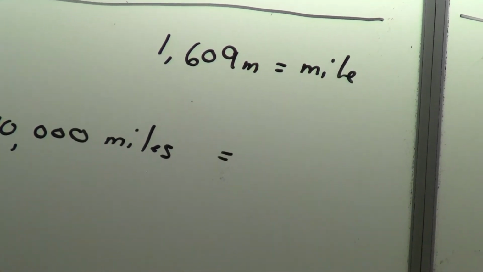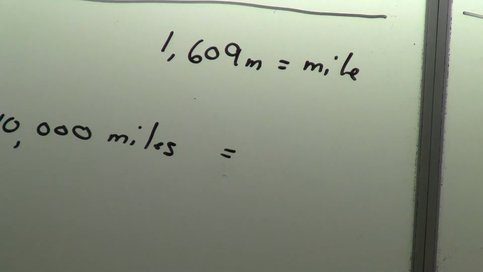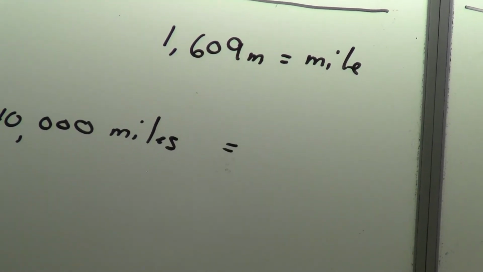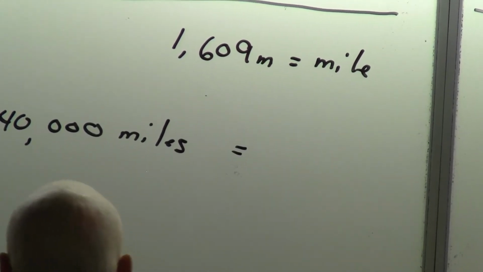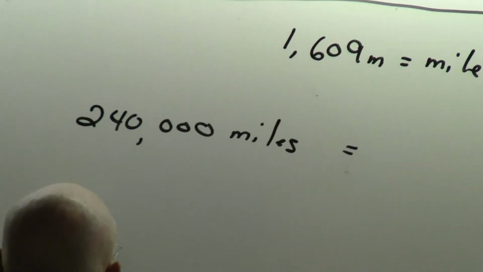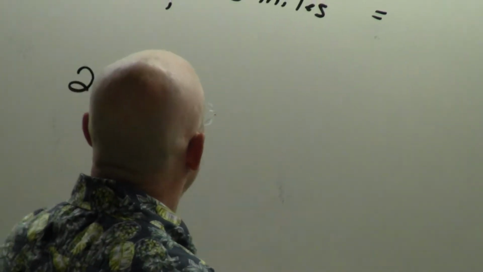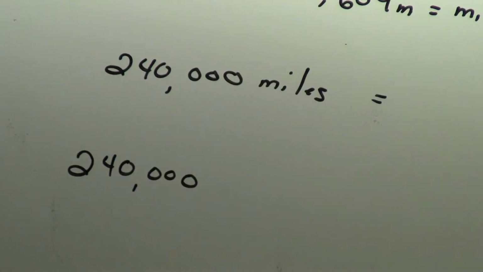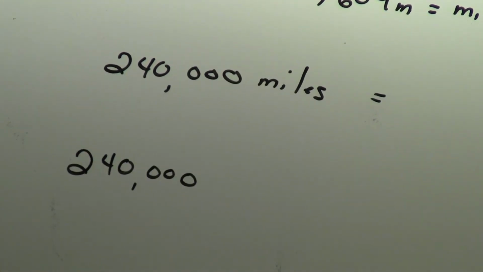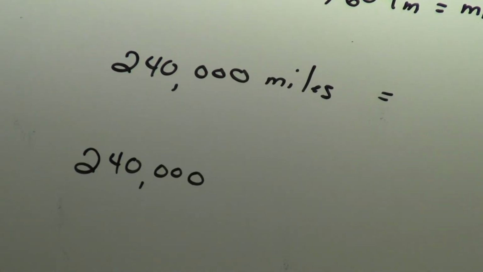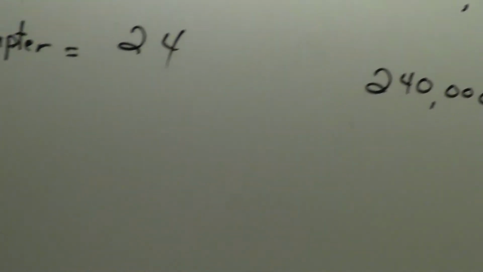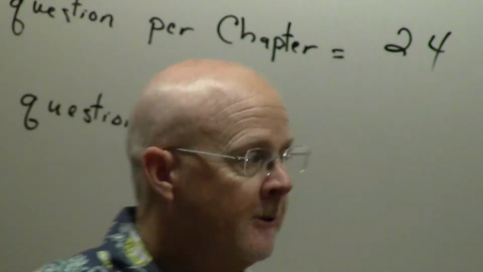And so what I was trying to show you in chapter 1 is you could easily convert by treating your units and your prefixes with the same rules of mathematics that you use for your numbers.